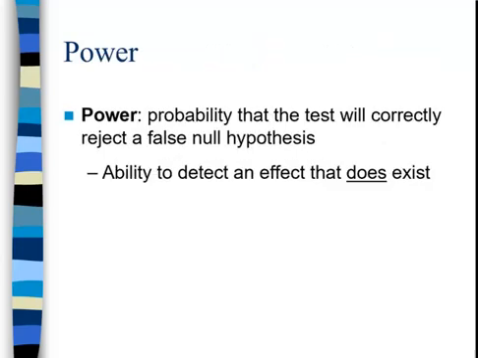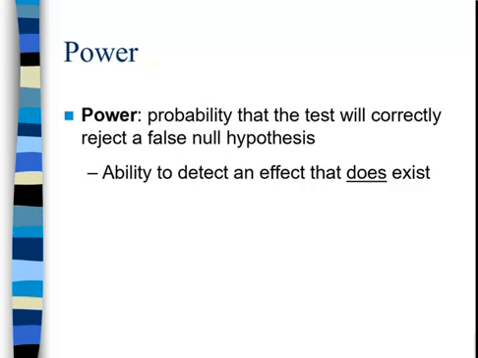So power, right? This is the probability that our test will correctly reject the false null hypothesis, right? This is our ability to detect an effect that actually does exist in the real world. So put even more simply, power is the probability that there's a real difference between means and our test will detect it, right?